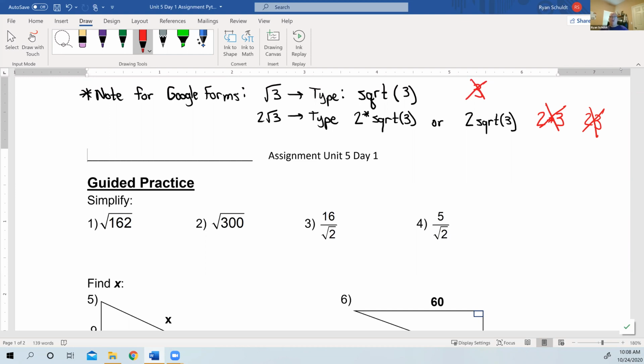If it's square root, I need you to type square root. I need you to tell me square root. Otherwise, you're just giving me whole numbers, and that's wrong. And I'm going to count it wrong. Okay, anyways, off my soapbox.